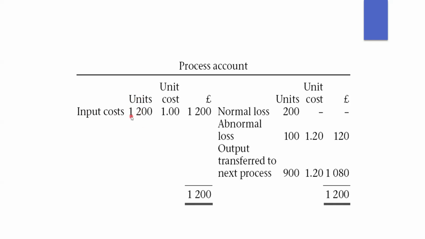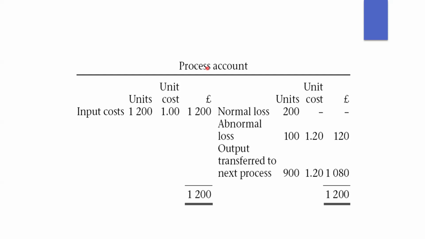So you can see 1200 is the 1200 liters which we have used as input. So we are going to put the value into pounds, that is 1200. All the inputs come on the debit side of the process account. Now let's look at the credit side.